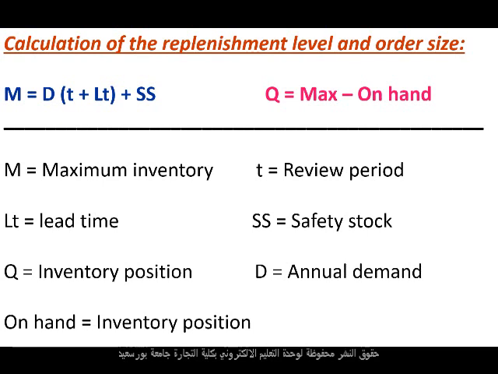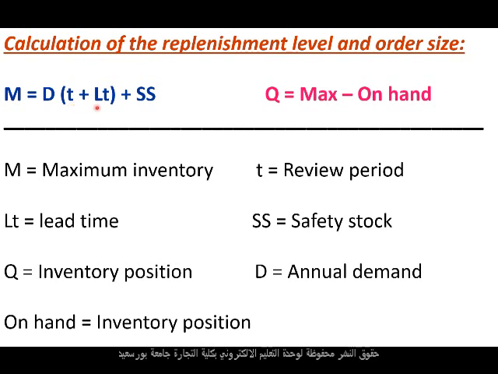We calculate the maximum inventory and the quantity. Maximum inventory equals D times T plus LT plus SS. T, you know, is the interval period.